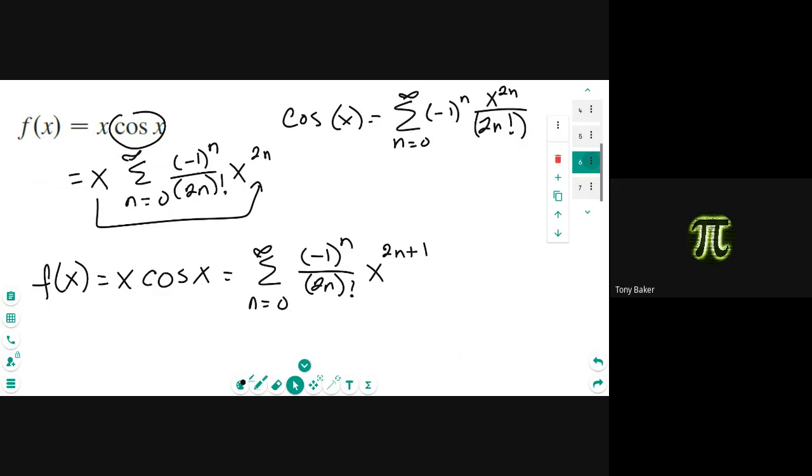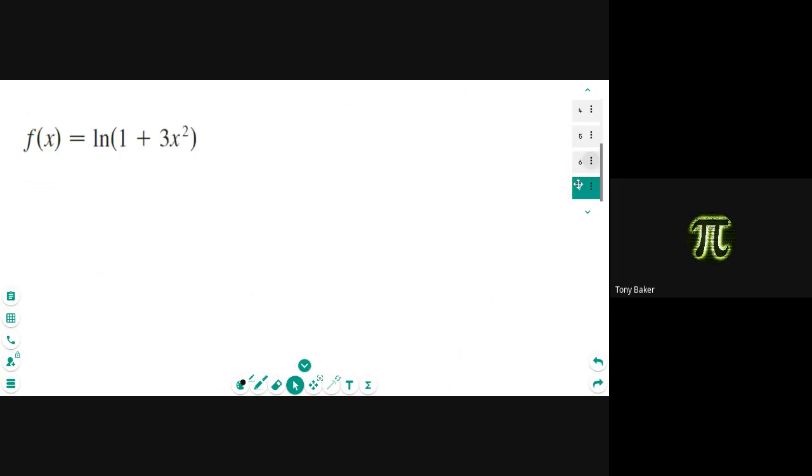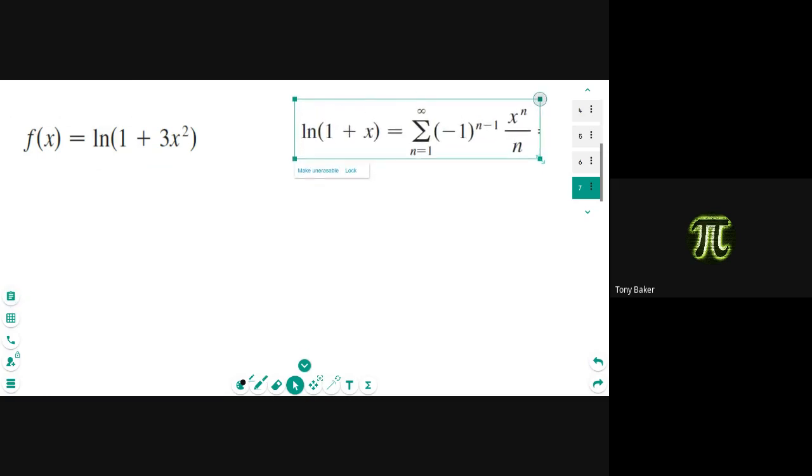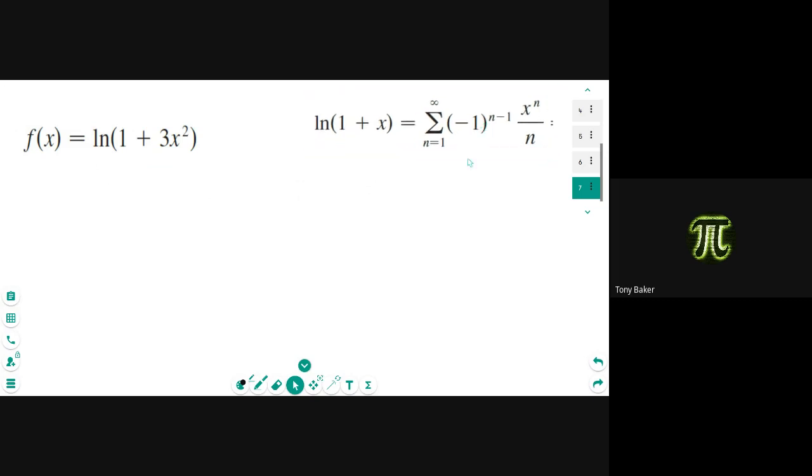So now we have those. That's why I said take a picture of those, because those basically can become things that you just put in there. So this one is f of x equals ln of 1 plus 3x. This is ln of 1 plus x. So use this to give me the summation for the new one.